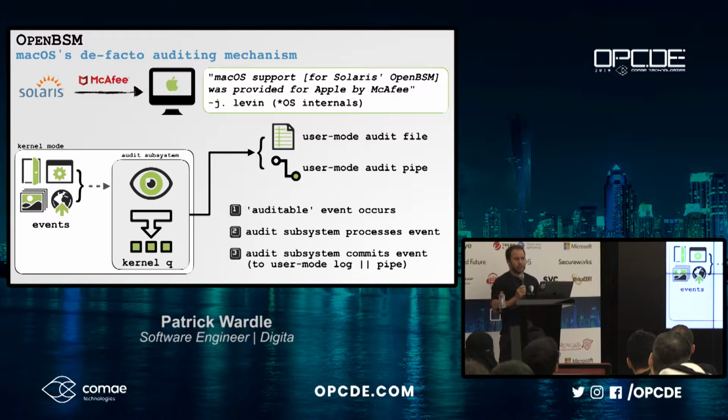So in the kernel, there's going to be some auditable event, for example, a new process that's created. This will get noted by the OpenBSM subsystem. It'll then be added to a kernel queue and then committed to user mode, either by writing to the OpenBSM audit log file or to the user mode audit pipe.